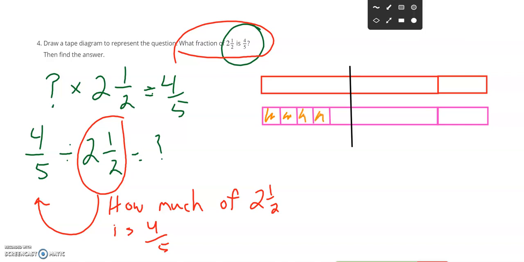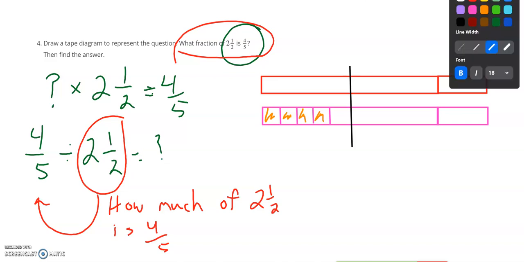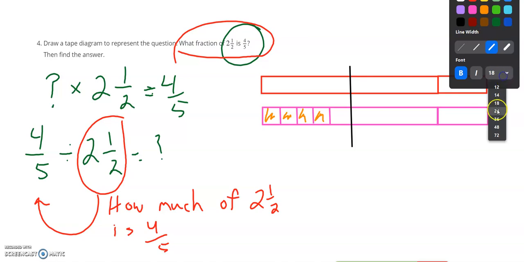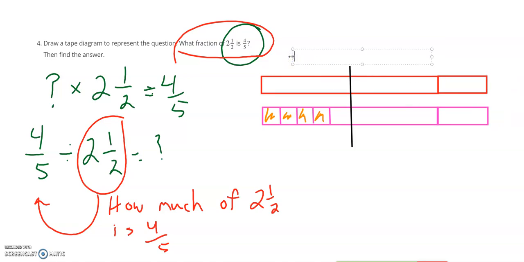Let's put our whole numbers up here so we don't get lost. 1, 2, here's a half, 2.5.